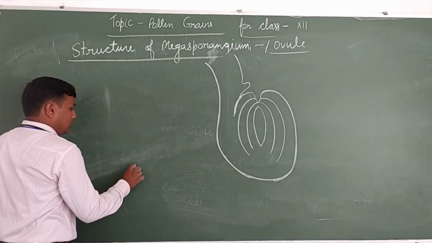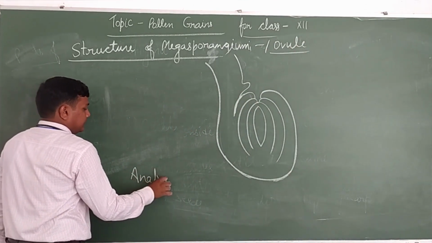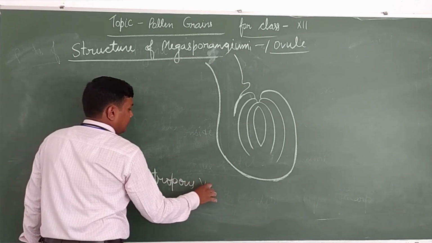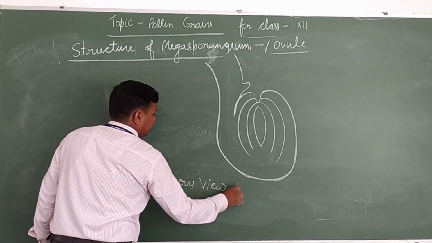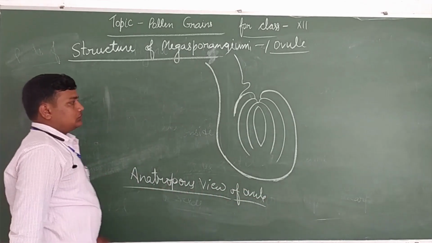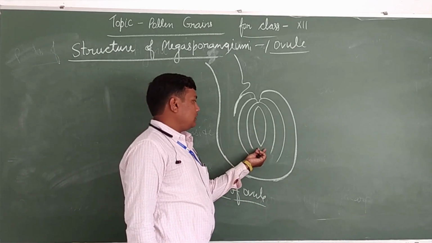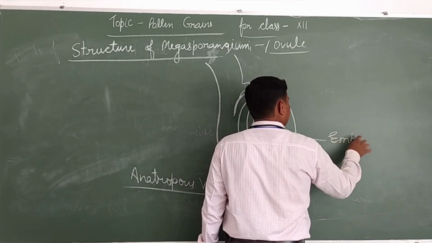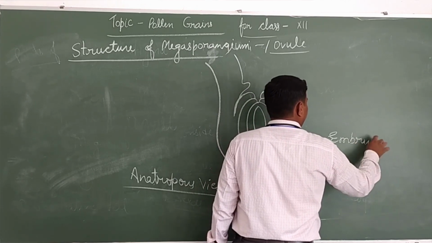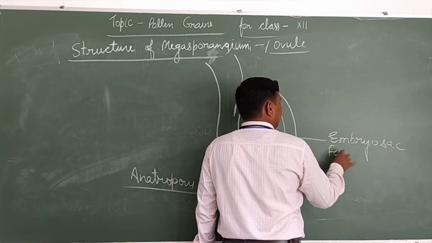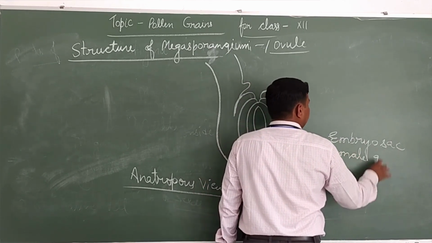So this is the anatropous view of the ovule. This inner portion of the ovule is known as embryo sac, and embryo sac is known as female gametophyte.